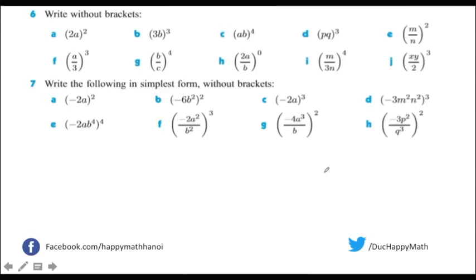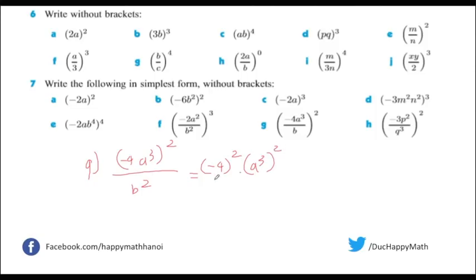So G and H. G, you have negative 4 squared, negative 4 a cubed squared outside and b squared, and apply squared here for negative 4 squared and a cubed squared and over b squared, and 16 here and a to the 6 over b squared.